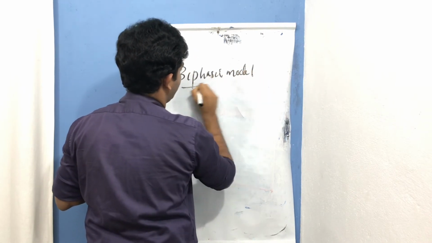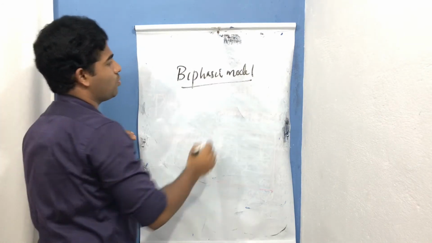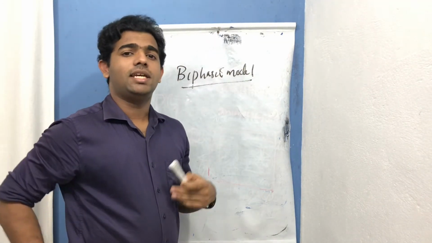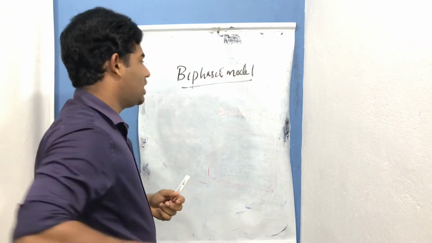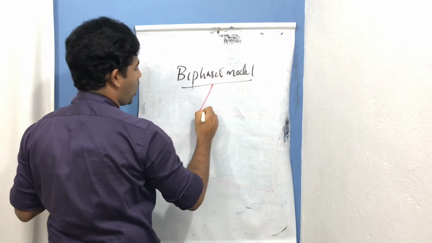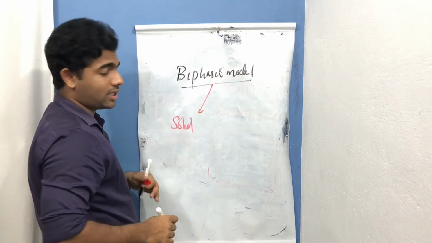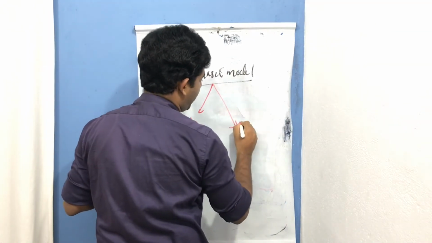This is the most relevant model, the biphasic model of articular cartilage, which says that the mechanical property of the articular cartilage is a sum of the property of the solid components, which are the proteoglycans and other components, as well as the fluid.